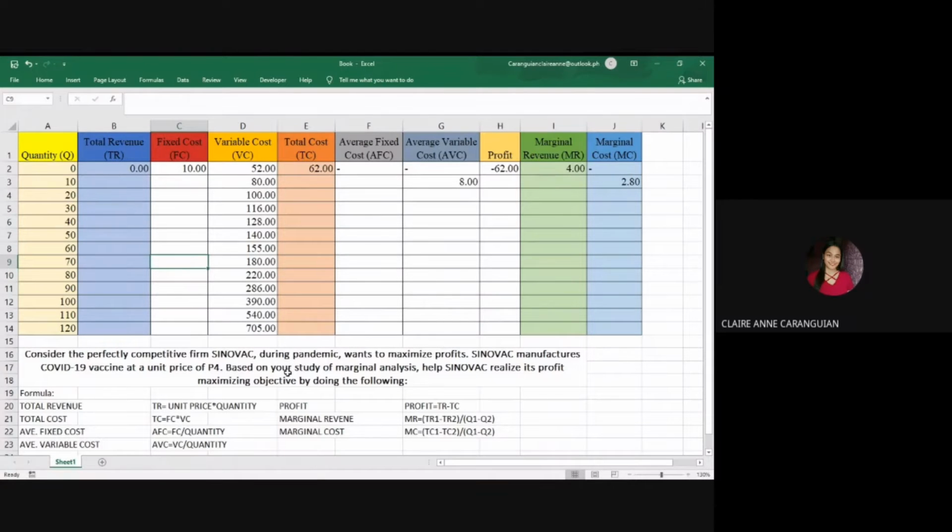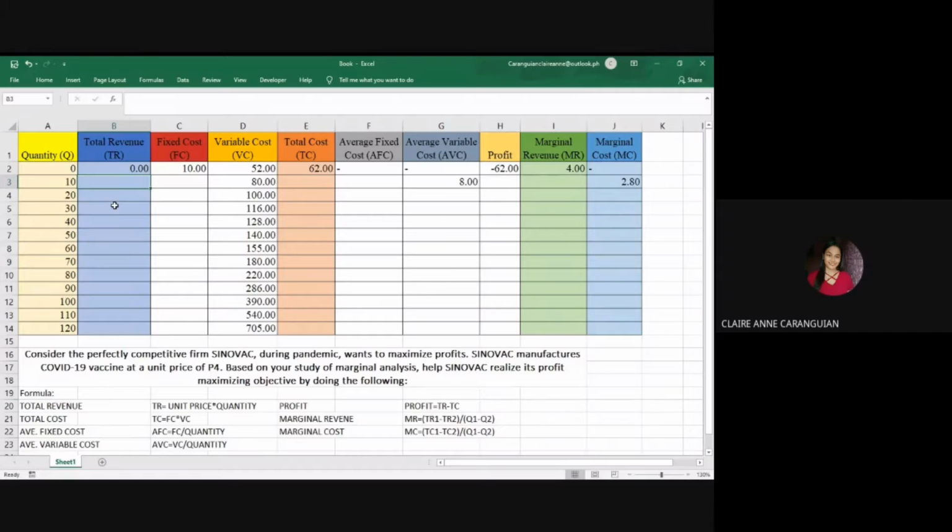The first step to make a profit maximization is to have a total revenue. So here the formula: total revenue is equal to unit price multiplied by quantity. On that assumption, our unit price is 4 pesos.